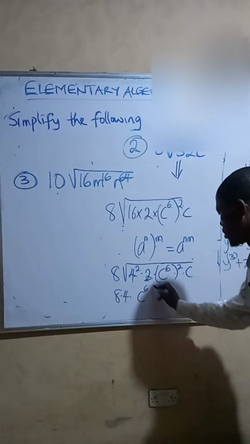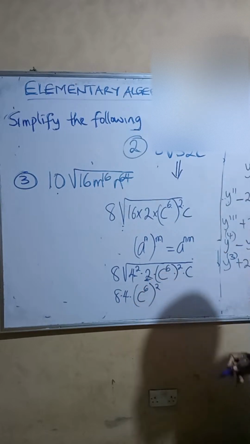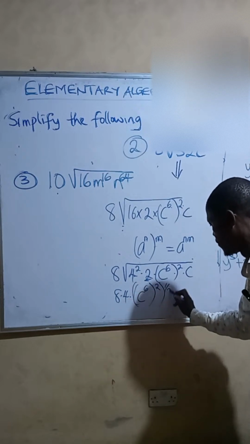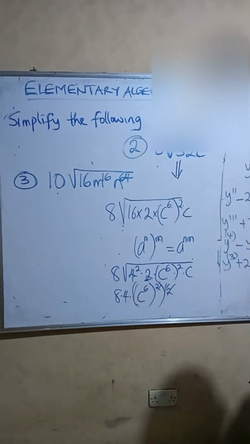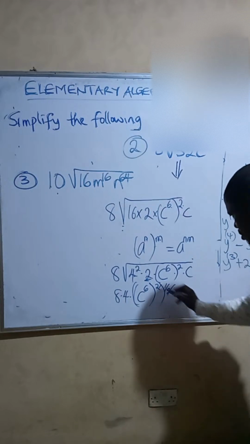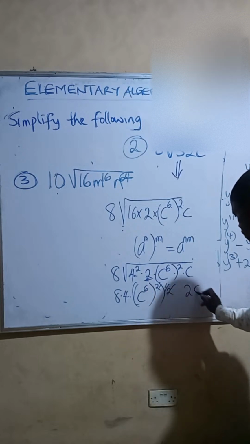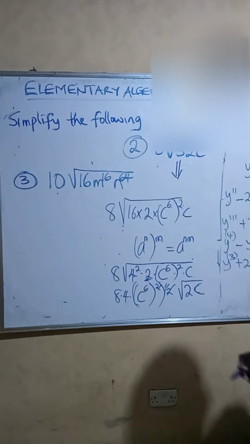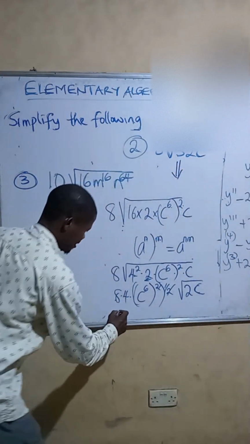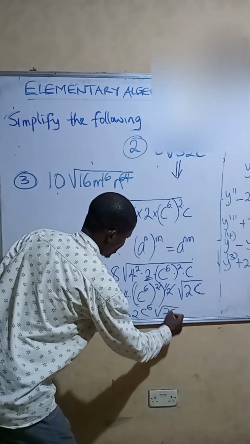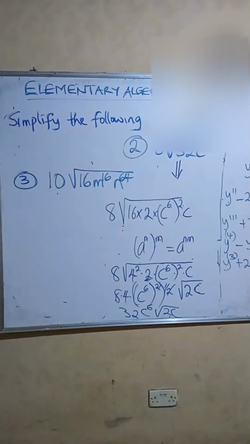If you remove the square root you also have a half, so this one and this one cancel. Then the remaining part, this one and this one, that's 2c, the square root of 2c. There's no answer for the square root of 2c. So we're going to have 8 times 4, that's 32, times root 2c. And that finishes the answer to that question.